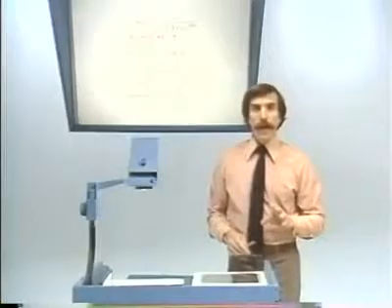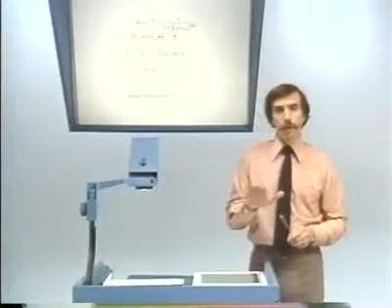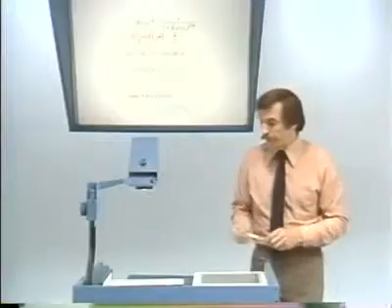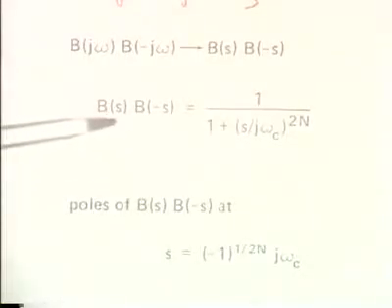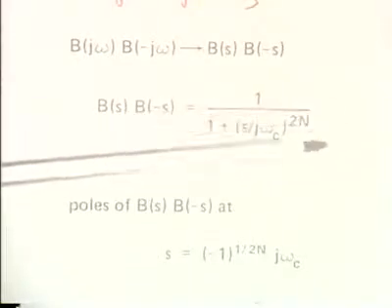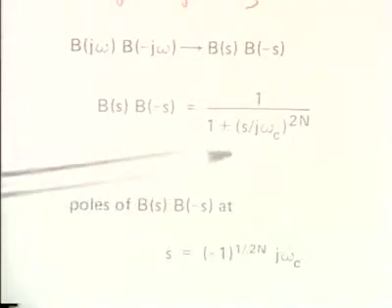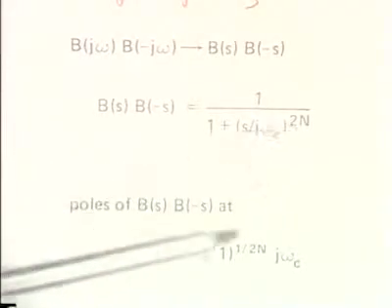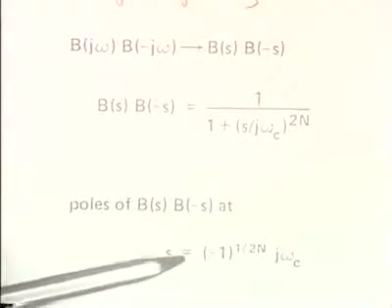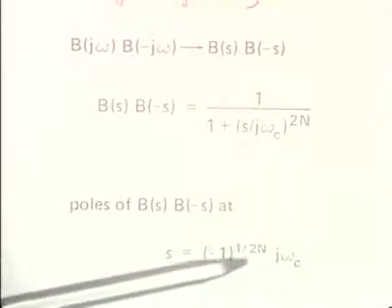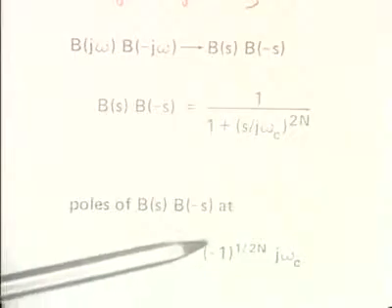Now, what we want to look at are the poles of B of s. That's what we'll want to get as we design a Butterworth filter. And we can recognize the poles of this product simply by looking at the roots of the denominator polynomial. Taking account of this factor 2N, those roots are at j omega sub c times the 2N roots of minus 1.